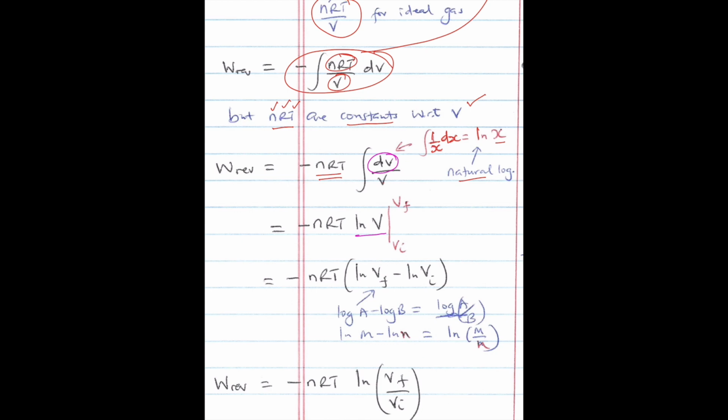And we are looking at it from initial volume to final volume. So when we expand that, it will be natural log of V final minus natural log of V initial.